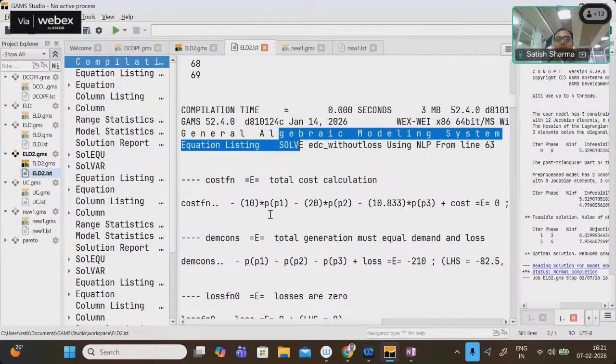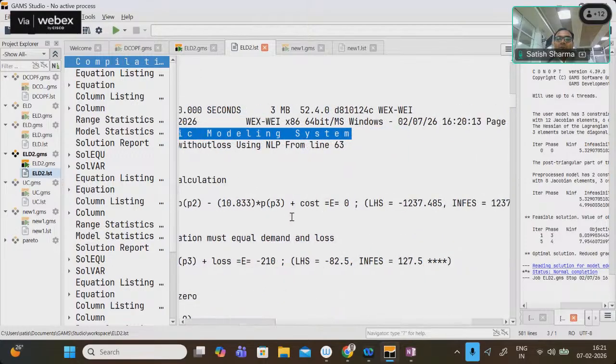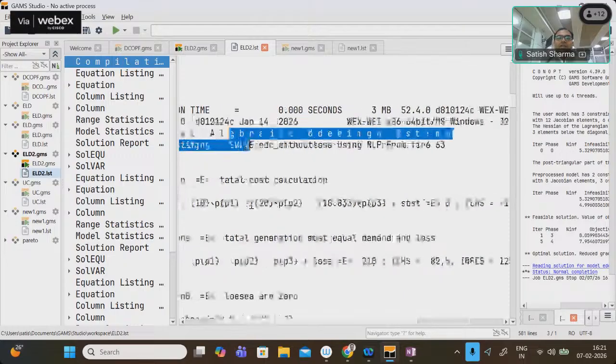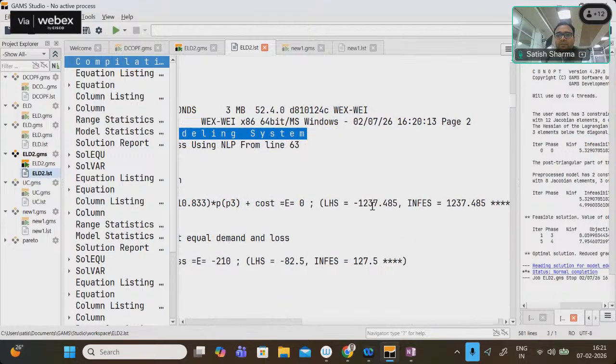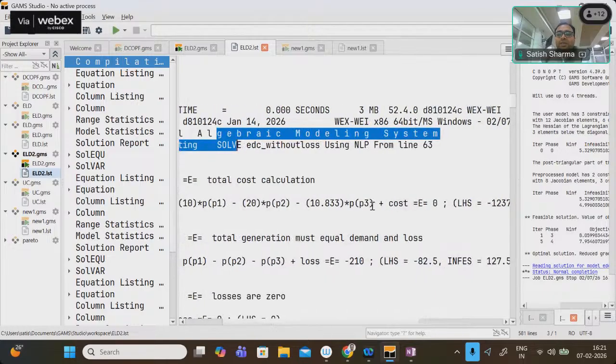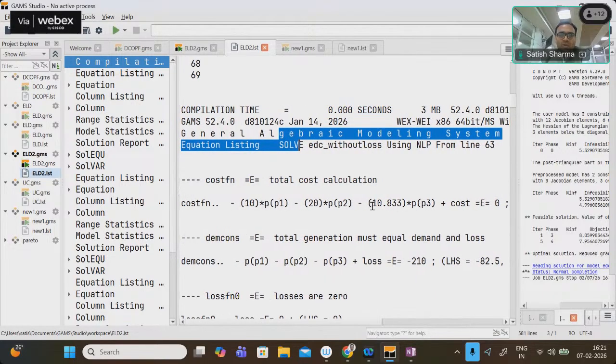So the cost function equation, it will write like minus 10 into P1 minus 20 into P2 minus 10.33 into P3 plus cost equals to 0. So it means cost is equal to the summation of these three objective functions. So it is like B1 P1 plus B2 P2 plus B3 P3, because we don't have A and C. And some information is provided here, let's not go into that.